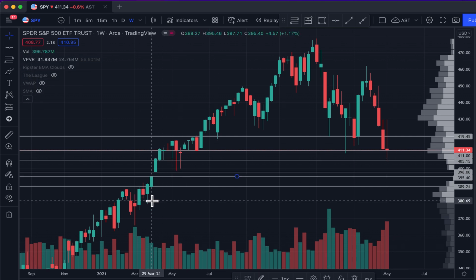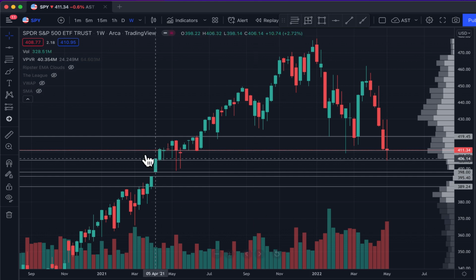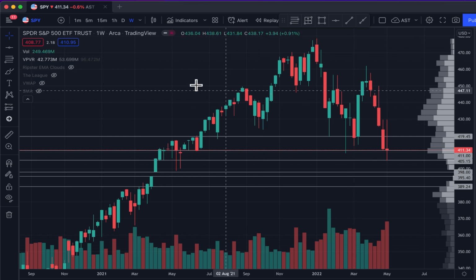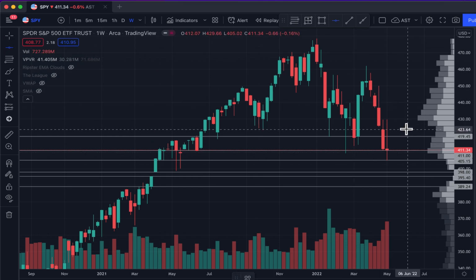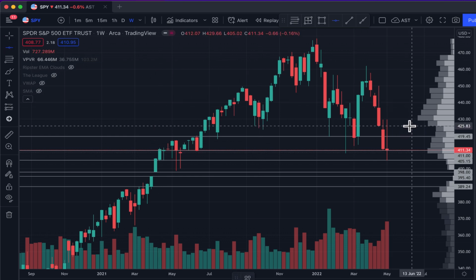Let me see the exact top, 439.46. The bottom here being 398.14. So for me, this is good right now. Now we'll move into, in fact, actually, I'll put some more to the upside just in case.